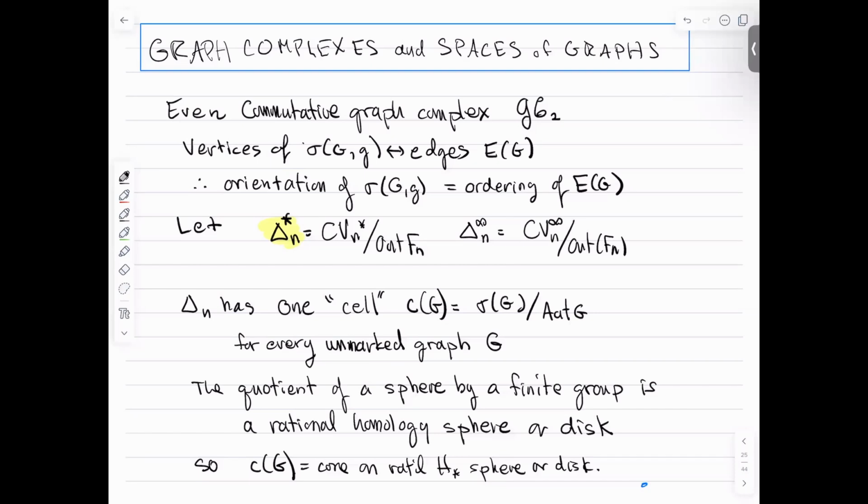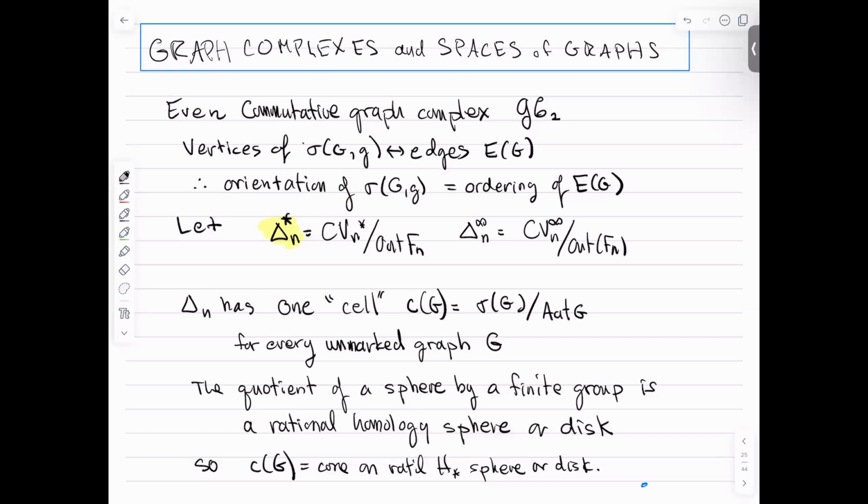If you just look at delta n, forget delta n star at the moment, just look at the interior simplices, this quotient has one cell, which is the quotient of the simplex modulo the action of the automorphism group of the graph.